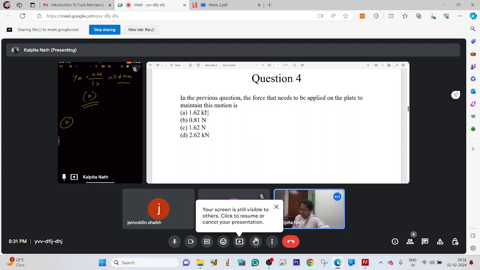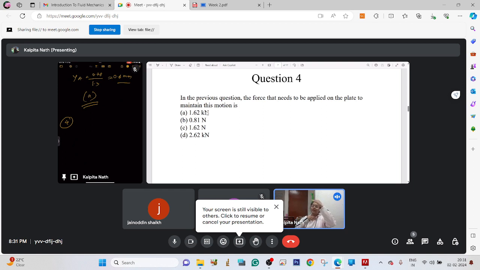Just the force balance. So the force will be shear stress into area, and shear stress will be for two plates, one top plate and one bottom plate. There will be a difference in velocity; shear stress is equal to dv by dy, and this is a linear profile, so there will be del v upon del L. That distance is given between the top plate and the middle plate.